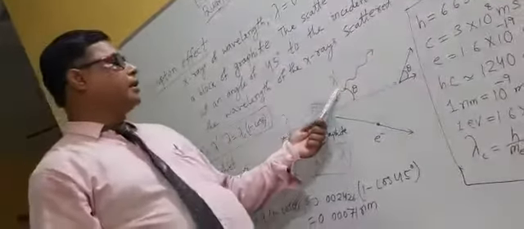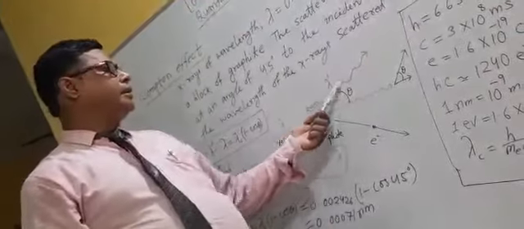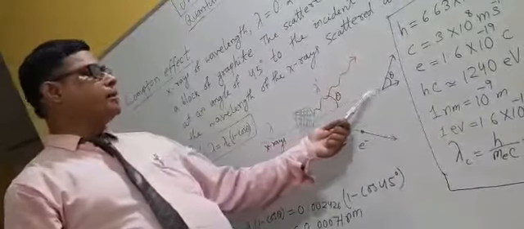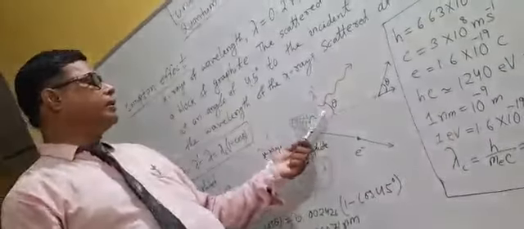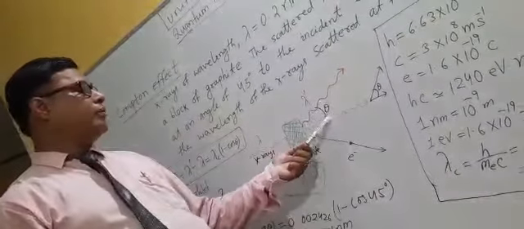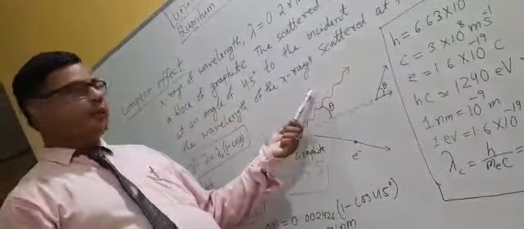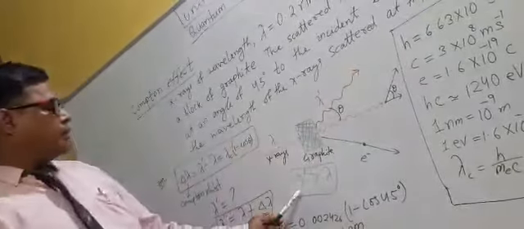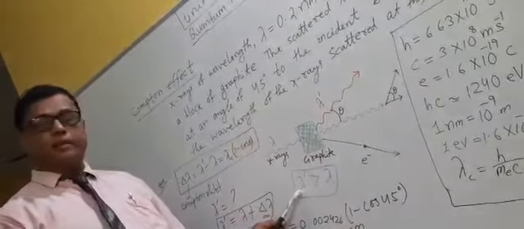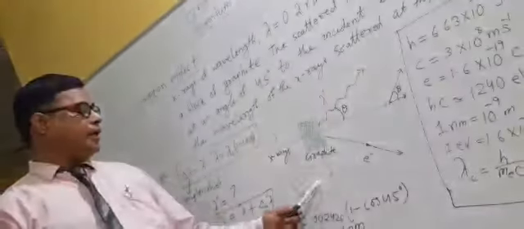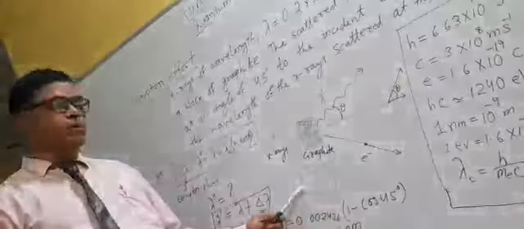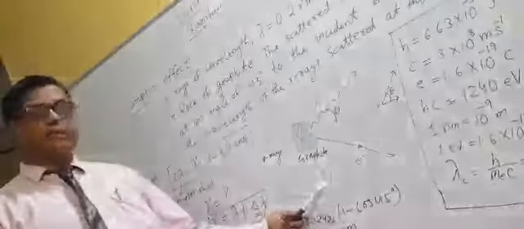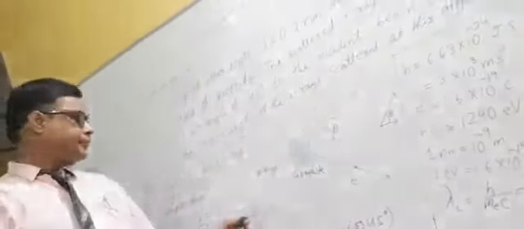The scattered X-ray is called the Compton component, and the unshifted one is the Thomson component. Lambda prime greater than lambda means the wavelength of the scattered X-ray is always greater than that of the incident X-ray.